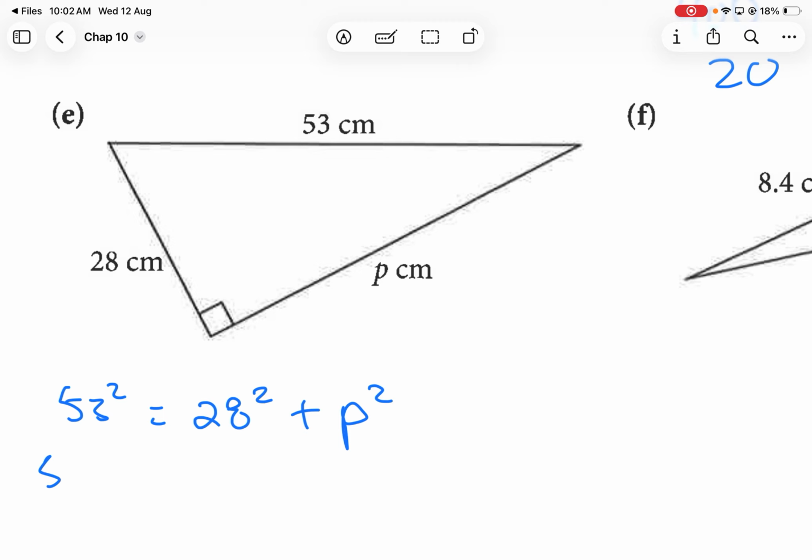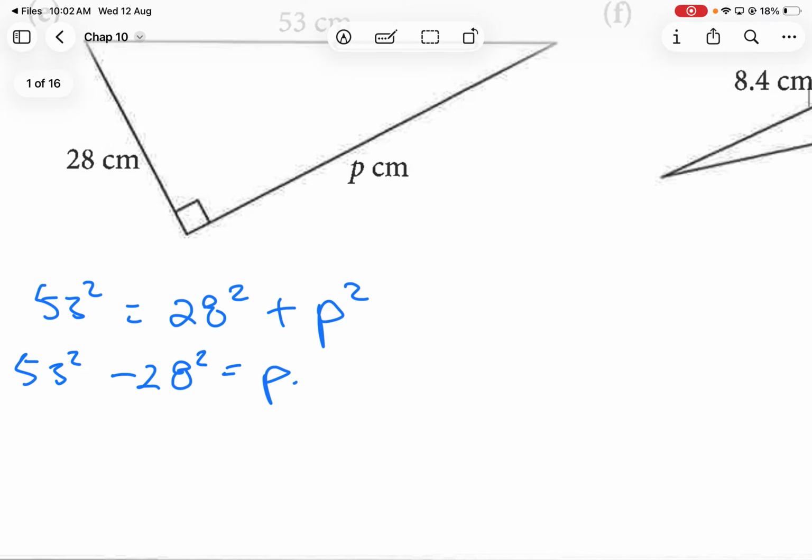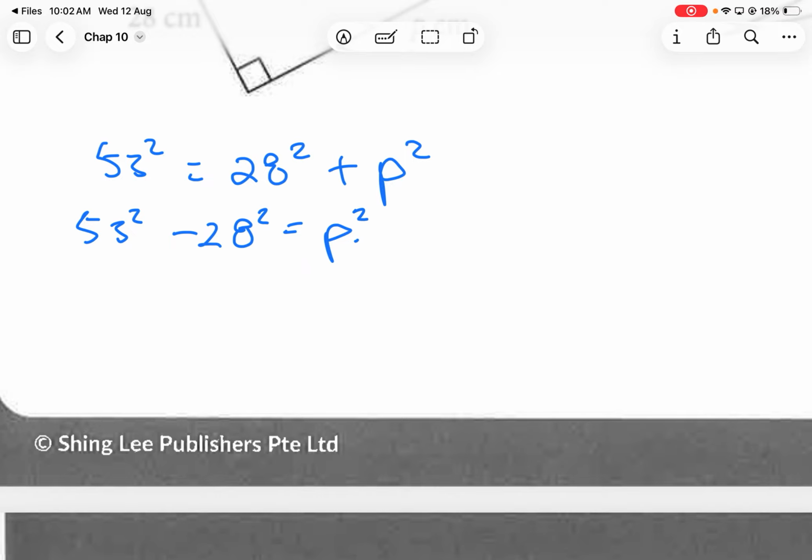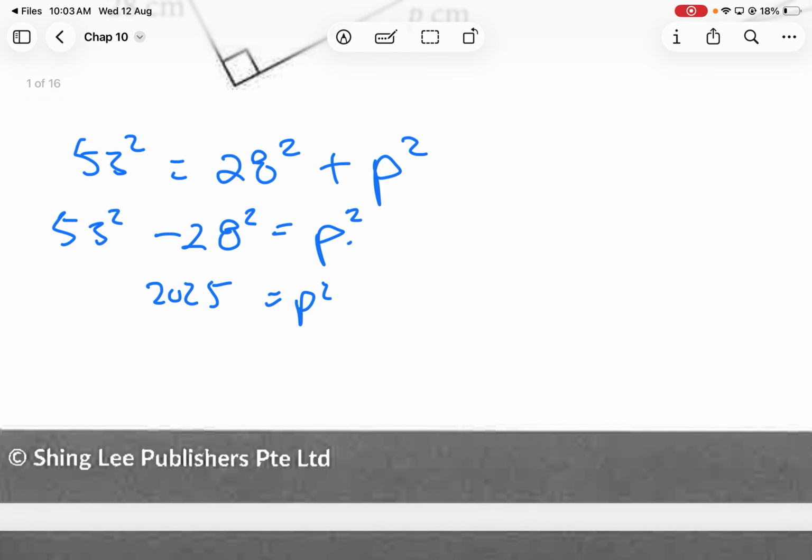Then I move my 28 square to the left. 2025. Then I take square root. 45. Aaron, check your answer. Yours is wrong.